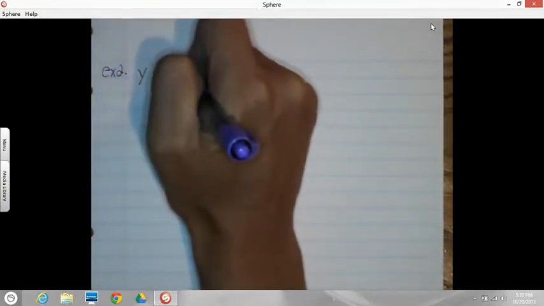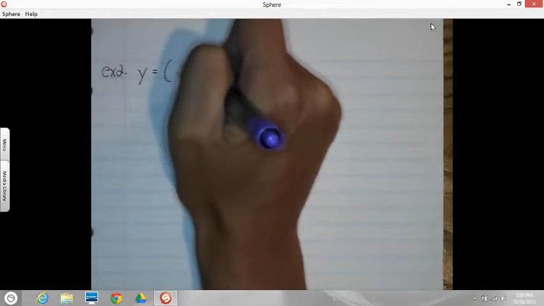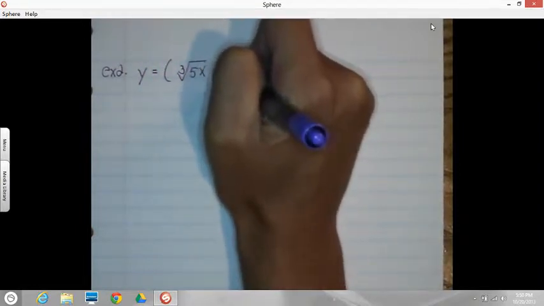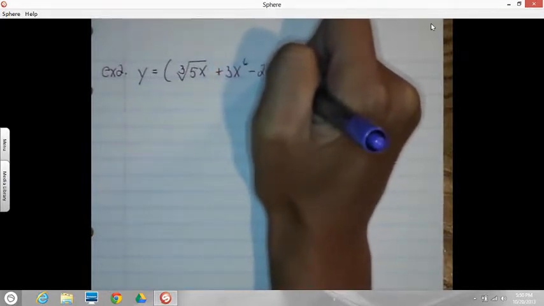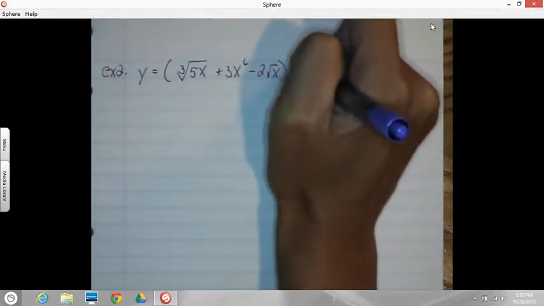So number 2. And today it's just going to be a little trickier, a little more involved. y equals the quantity, the cubed root of 5x plus 3x to the 6th minus 2 square root of x, all that to the 4th power.